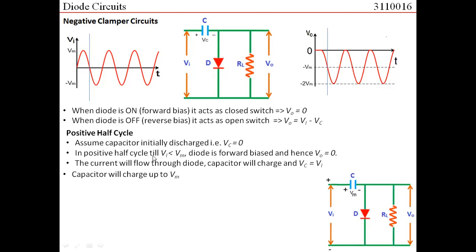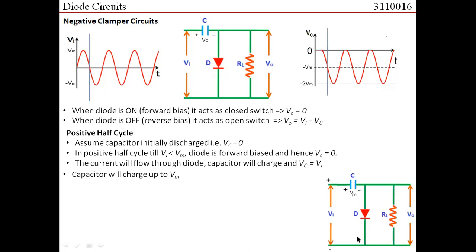That in the positive half cycle, till the time input voltage is less than Vm, I am talking about this initial part, the diode would be forward biased and hence the output voltage would be zero. This is what is shown here. The output voltage is zero, right?